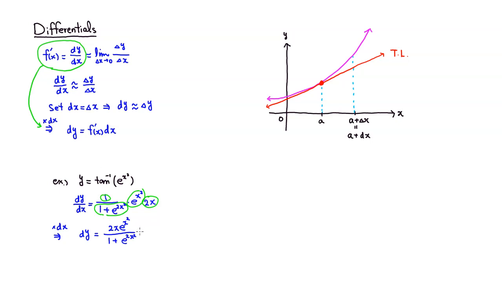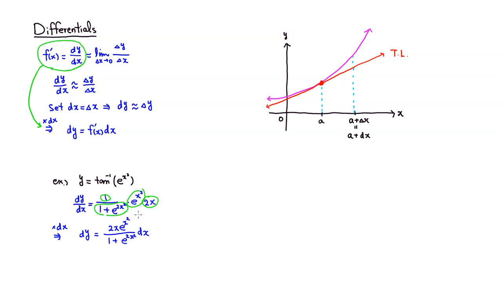Then we have to multiply by dx, so you just put dx at the end. This is the differential dy. So if you want to find dy, all you have to do is take the derivative and put dx at the end. Geometrically, we can use this differential to approximate delta y.